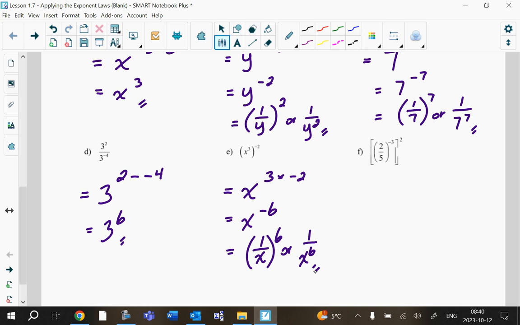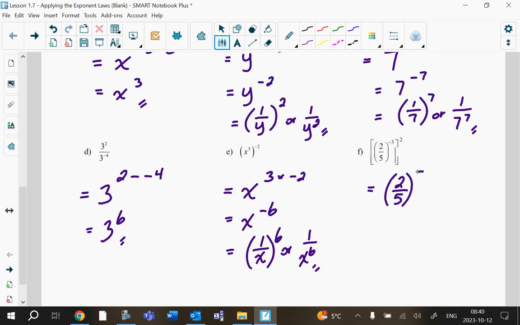This last one, we're raising a power to another power, but the base is a number again. So the base stays the same. Keep the parentheses around the fraction. Because whatever you're doing to the numerator, you got to do the same thing to the denominator. And to show that, we use parentheses. What do we do with the exponents?